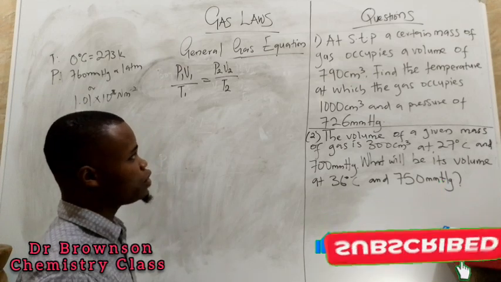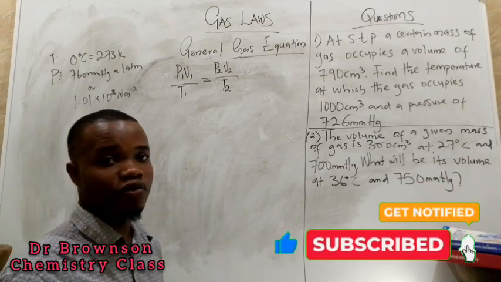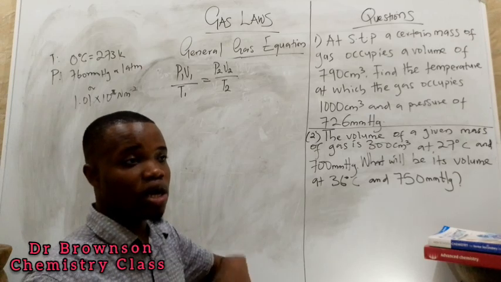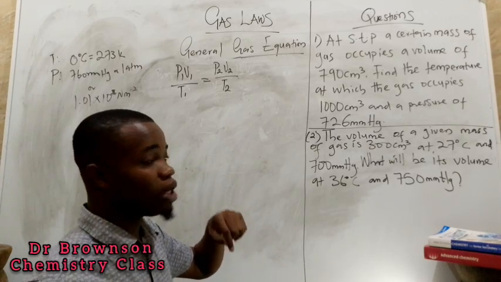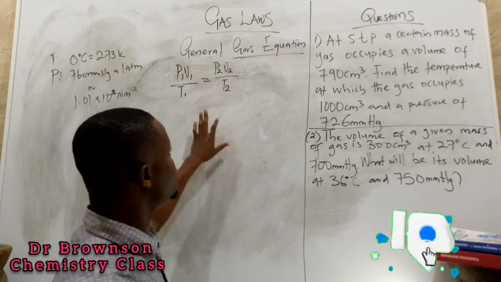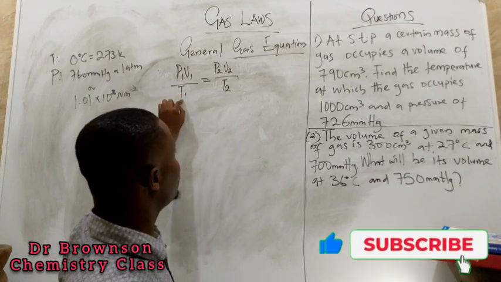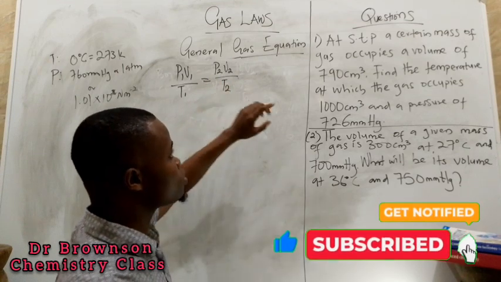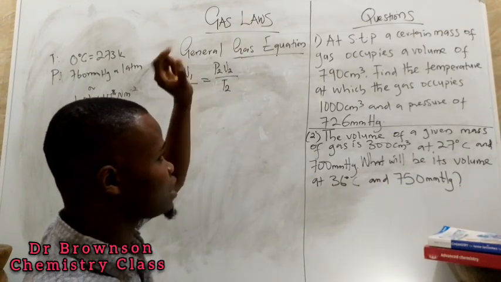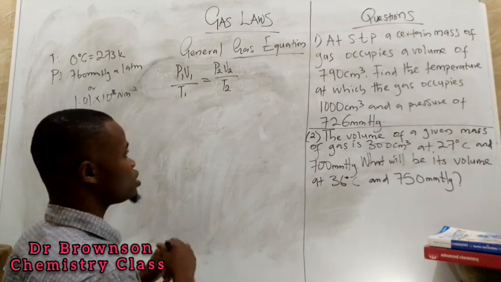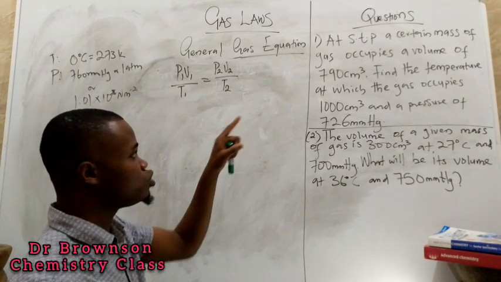Like I told you when I was teaching gas law, if you don't understand Boyle's law, just check under the description and you will see the video of Boyle's law. So P1 V1 over T1 equals P2 V2 over T2. At STP, a certain mass of a gas occupies a volume of 790 centimeter cube.